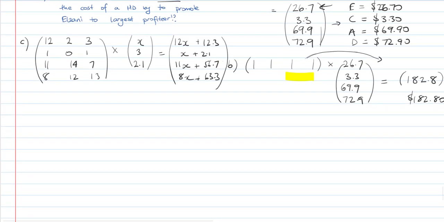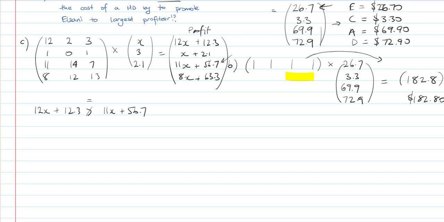Now what I want is Alzani's profit, and this is the profit matrix. I want hers to be the largest, and I'm mostly worried about this one here. So I'm going to start by saying, what does X need to be such that 12X plus 12.3 is greater than 11X plus 56.7? So we just do our rearrangement now. I'm just going to change this to, what's the hinge point?